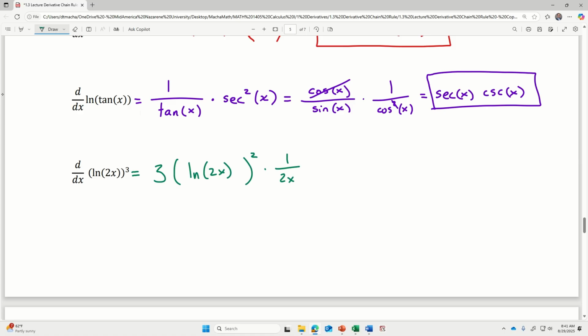Leave the inside function alone, it's 2x, and then you would need to multiply by the inside function's derivative. And the derivative of 2x is 2, but then, oh wait, the 2's are going to cancel each other out, so that 2 cancels out with that 2. And then in the end, we're going to get 3 times 1 over x times natural log of 2x.